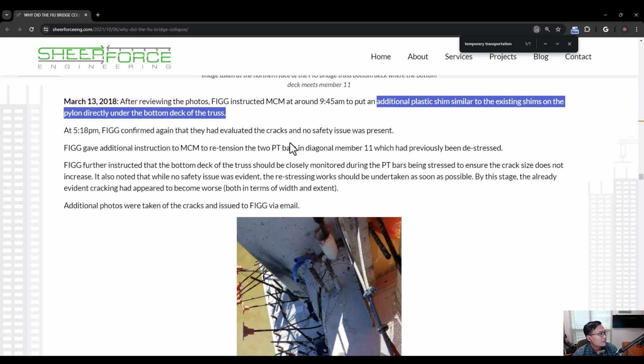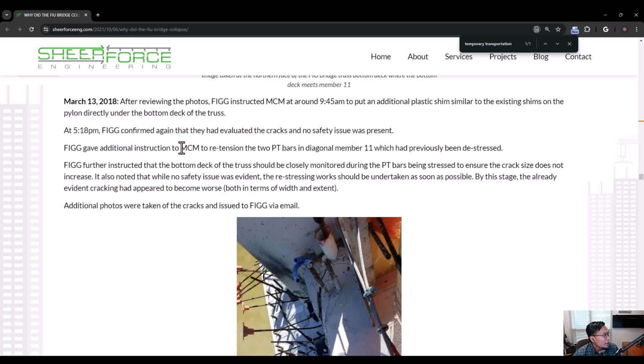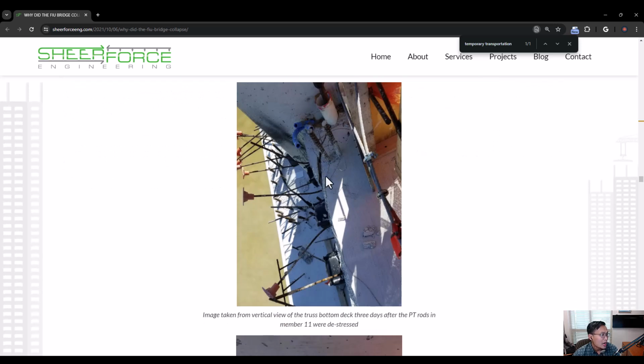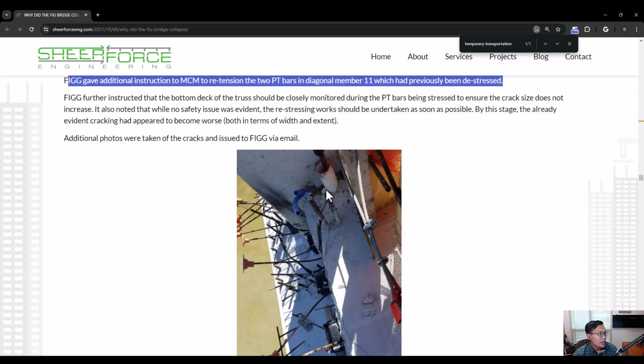And what they say here is that they asked MCM to retension the 2 PT bars, which had previously been destressed. So they saw the crack over here after they destressed the PT.